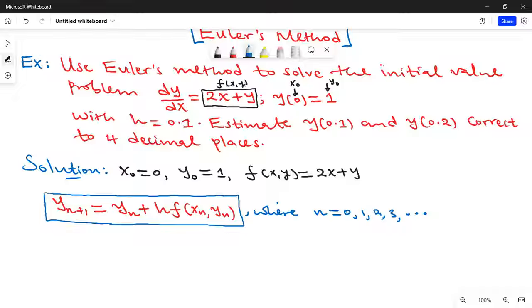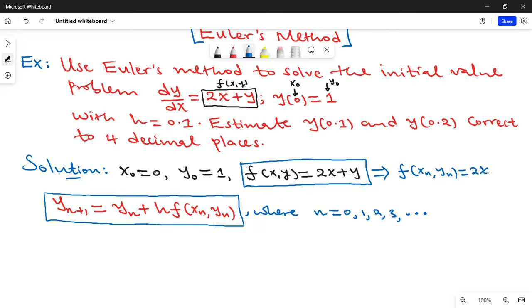Now, look at our f of x, y. It is 2x plus y. We need f of xn and yn. So from here, it means that f of xn, yn is equal to 2 times xn plus yn.